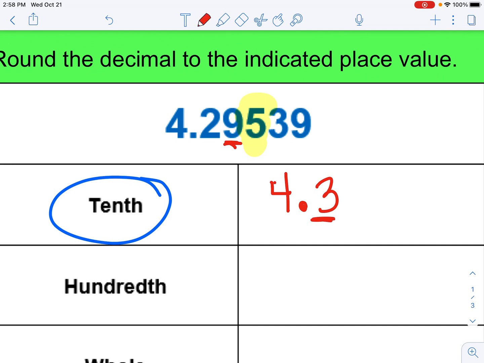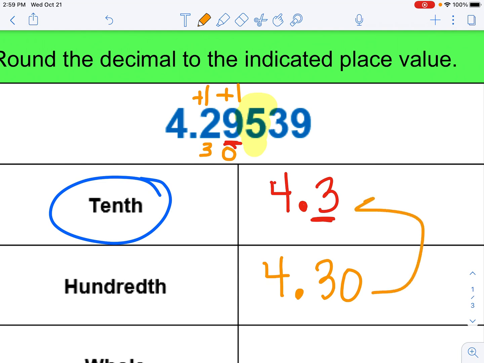We know it's 5 or more, so I'm going to add 1 to this 9. If I add 1 to this 9, that's going to change it to a 10. So then I need to carry my 1 over here, and this one turns to a 0. Then 1 plus 2 gives me 3. So my number is 4 and 30/100ths, which is the exact same as what we wrote for the tenths.